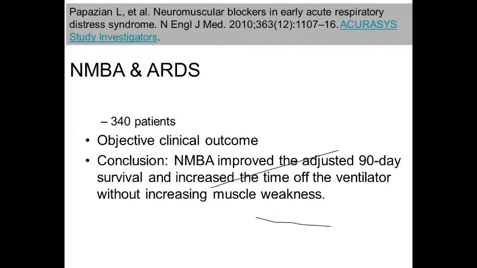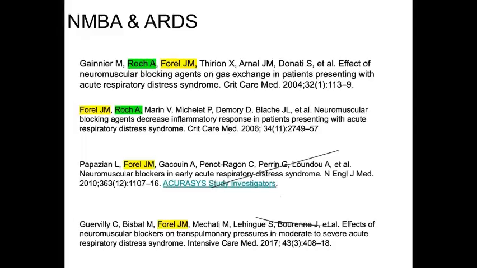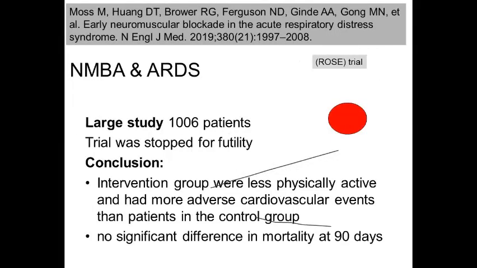So it's difficult to make a judgment call from one study. And if you put all the studies together, especially with this one here, with the 1,000 patients, then you could be questioning the ACURASYS study on NBA use in ARDS.